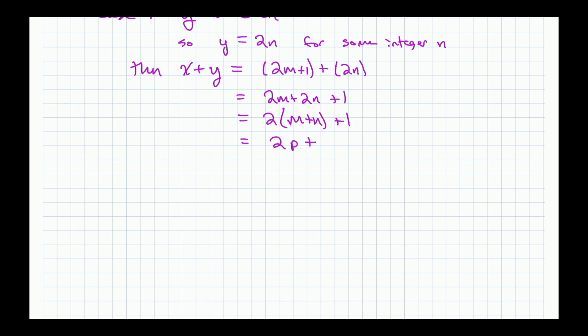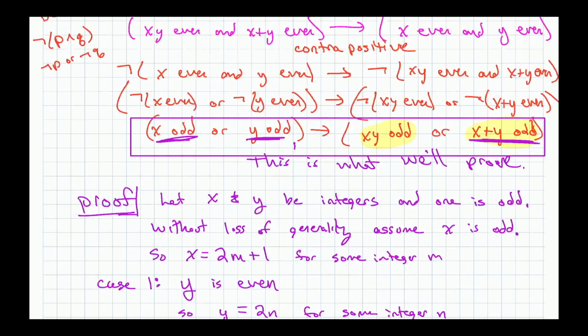So I could say 2p plus 1 for integer p, which is going to be m plus n. And so x plus y is odd by definition. All right, so that was what we needed to verify, right? One of these had to be odd, and in this case, it was x plus y.